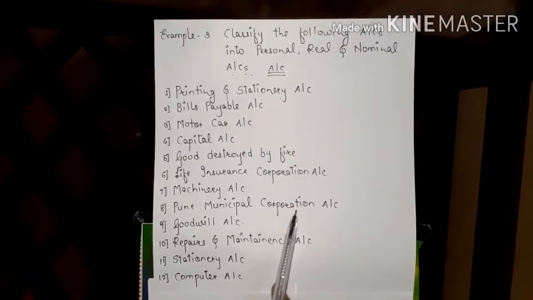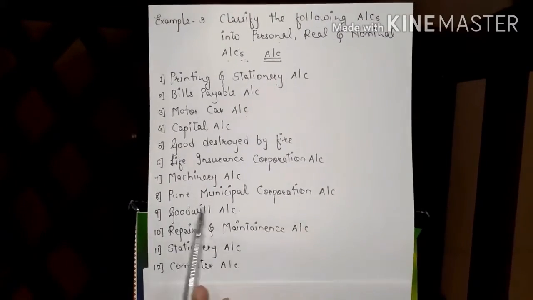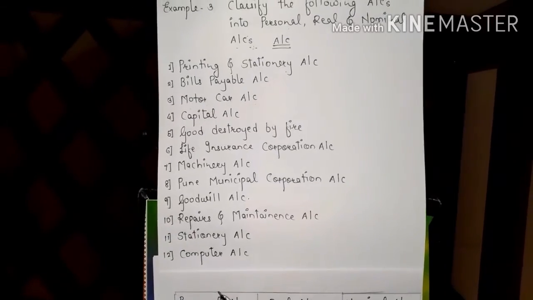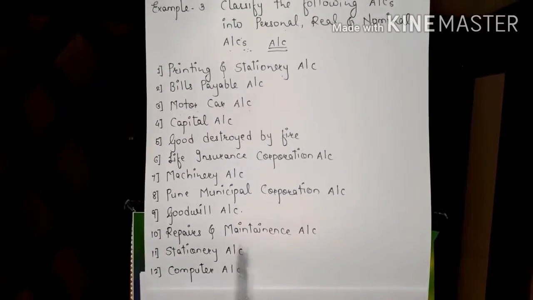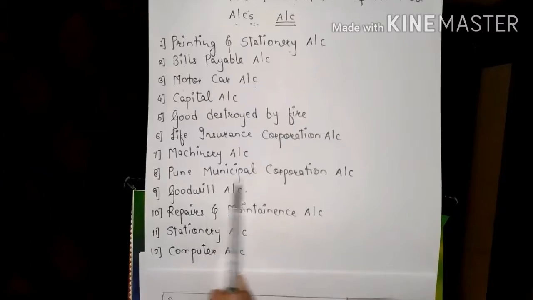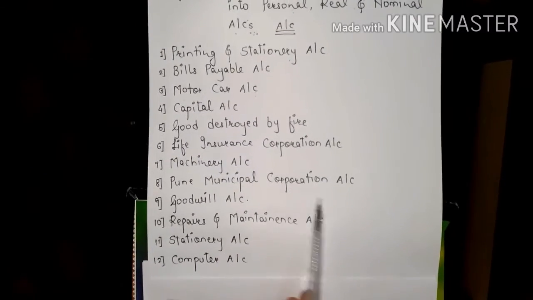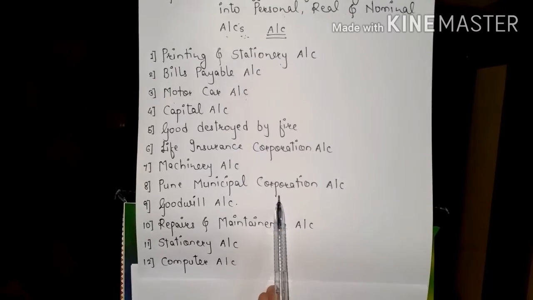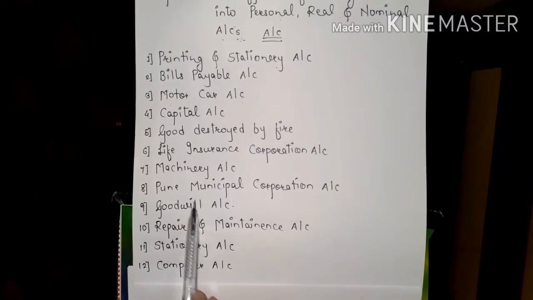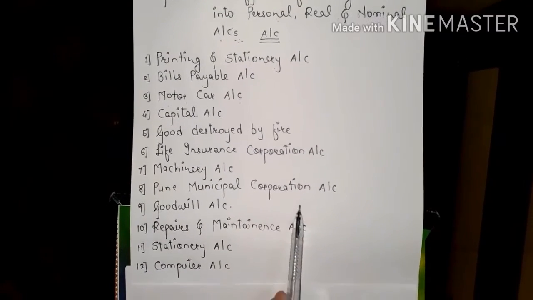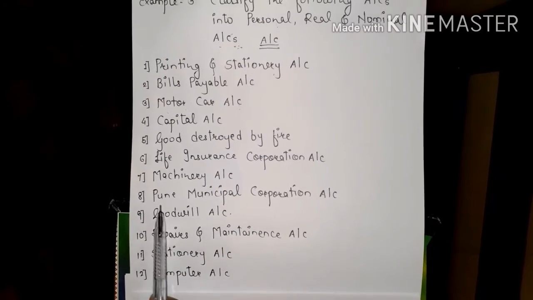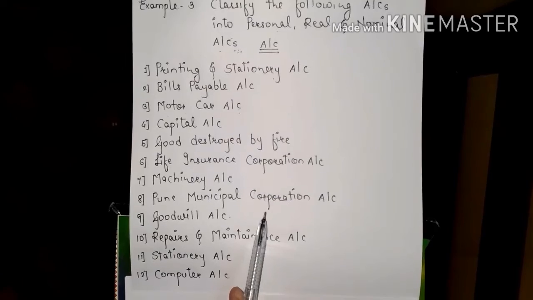Now Pune Municipal Corporation account. This is going to come under personal account. Why under personal account? Because this is a name. This is a small corporation, that is a company. It has a separate legal status, a separate legal entity. So this is a separate legal entity. That is why it is a personal account. Pune Municipal Corporation really exists.